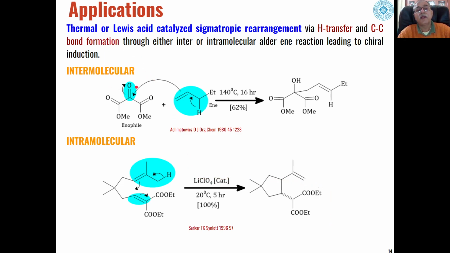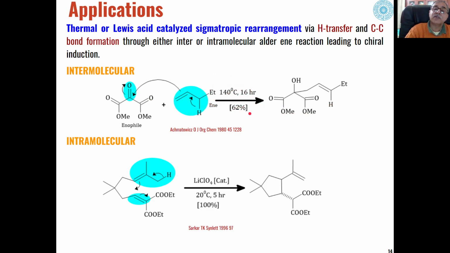Then some more examples of thermal ene reactions or Lewis acid catalyzed ene reactions. For example, when we are having this type of ketoesters, ketodiesters as enophiles, and these are the allylic systems, they will form a six-member transition state at 140 degrees centigrade.